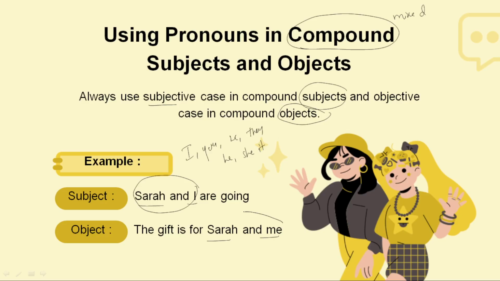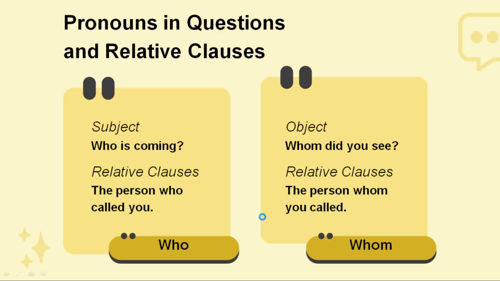So use both of them at the last part only. What are the objects? Me, her, him, it. So all these come under the objective case. So what we have to do, always use the object at the last part of the sentence.